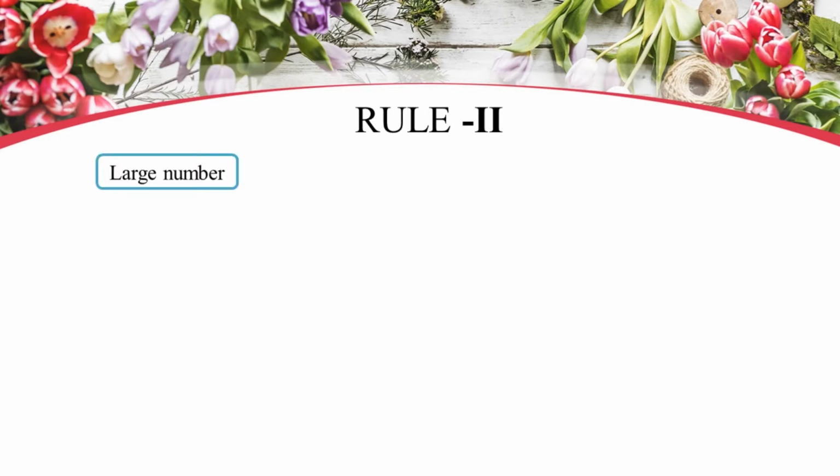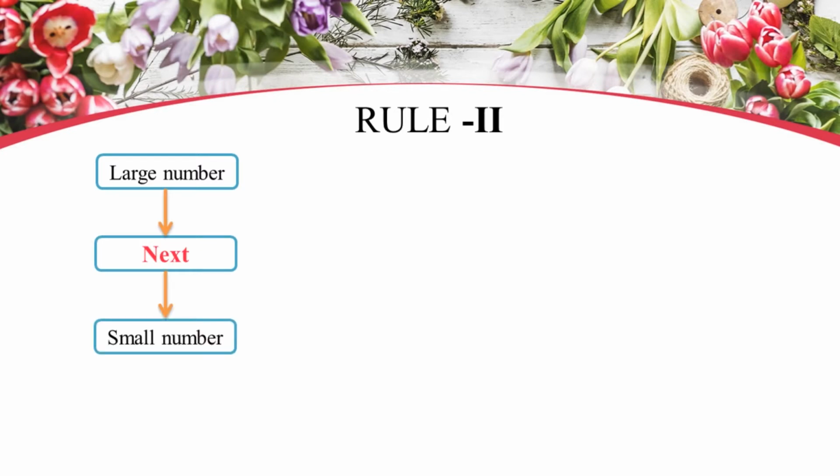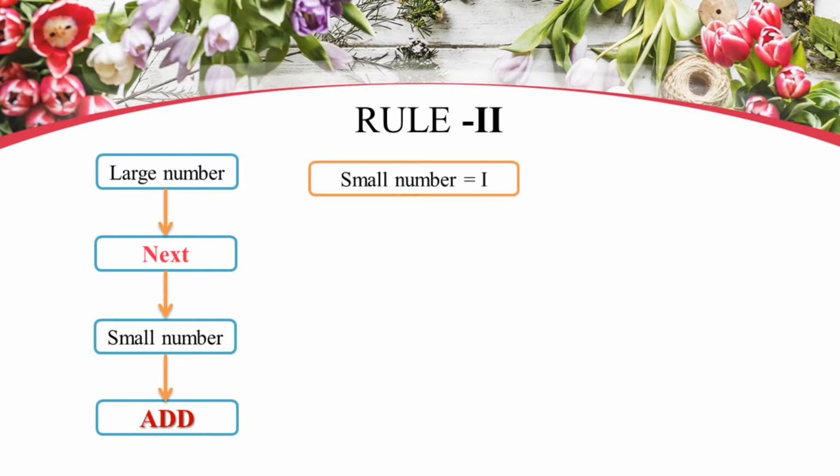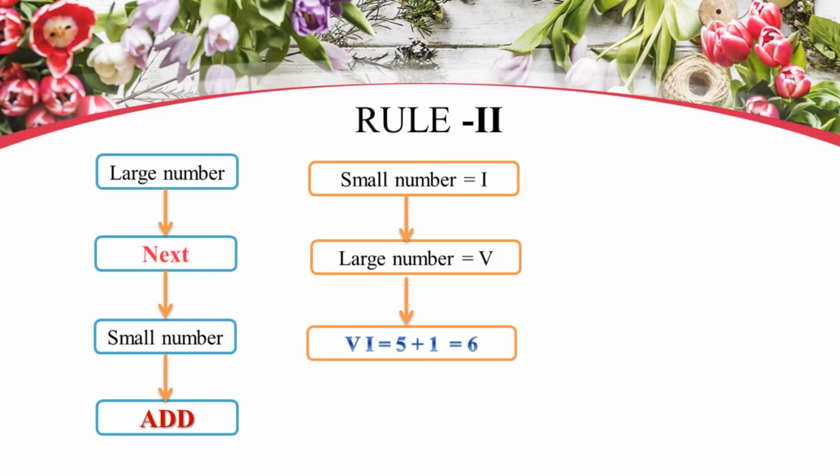When a larger number is followed by a smaller number, we add their values. Let us see one example. The smaller number is I, the larger number is V. Larger number next to smaller number, so we add their values. So 5 plus 1 equals 6.